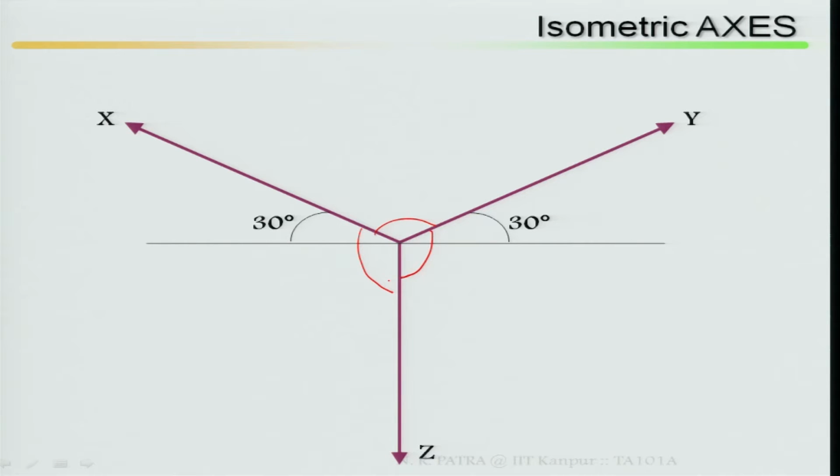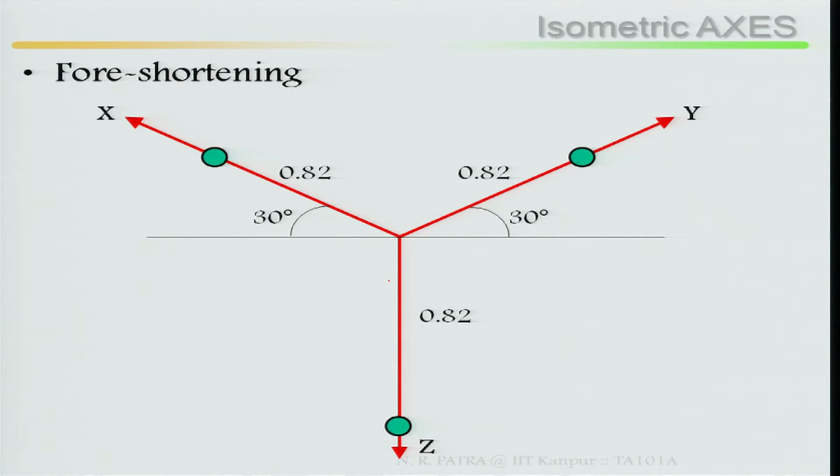Once you draw the isometric axes, then mark the dimensions corresponding to actual dimensions. If it is an isometric drawing, then it should be actual dimensions. If it is an isometric projection, then it has to be reduced equally by a factor of 0.82.